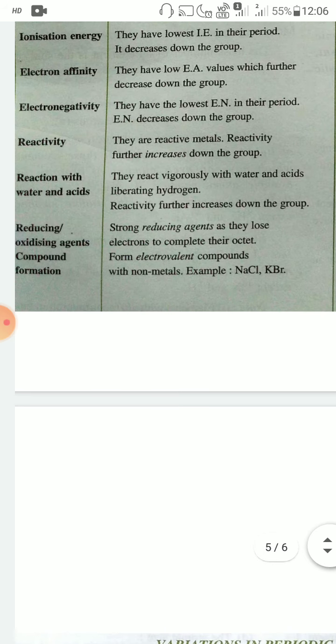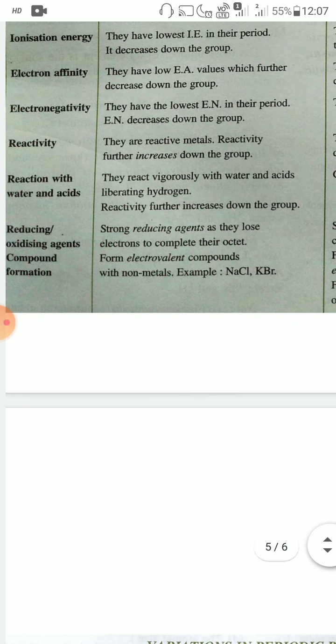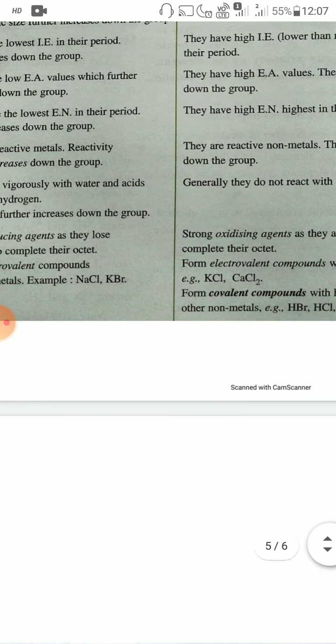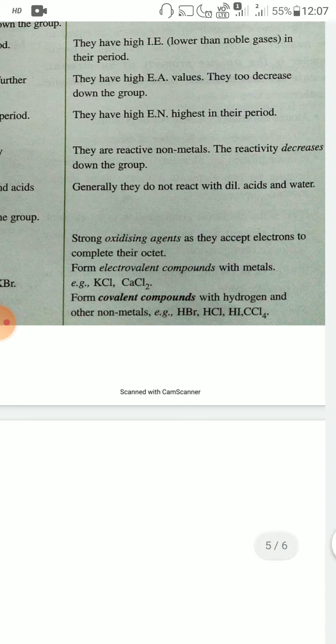Ionization energy: group 1 elements, alkali metals, are metals, that's why they have the lowest ionization energy in their period, and down the group it decreases. For group 17, the halogens, they have high ionization energy, lower than the noble gas in their period.